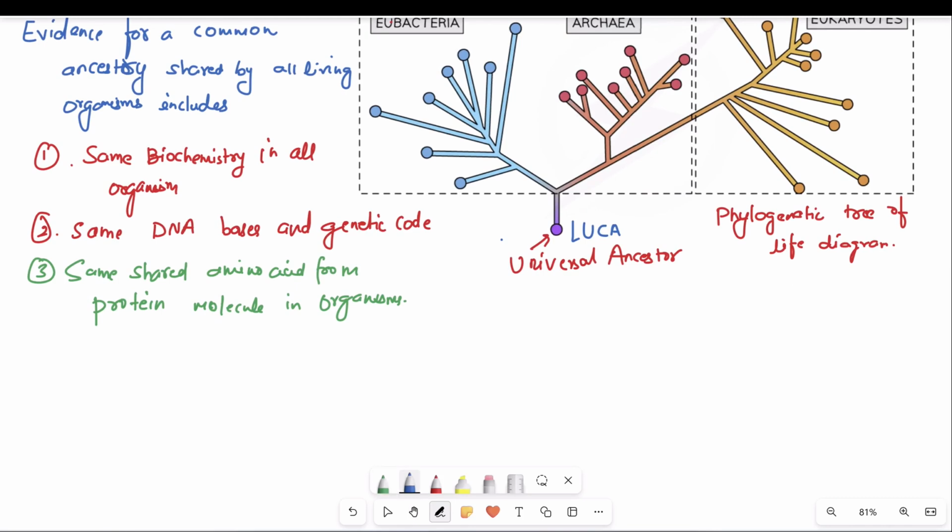with the past ancestors. So later on, researchers found several genes that are shared by eubacteria and archaebacteria, indicates that these genes were inherited from LUCA. This is also a kind of evidence.